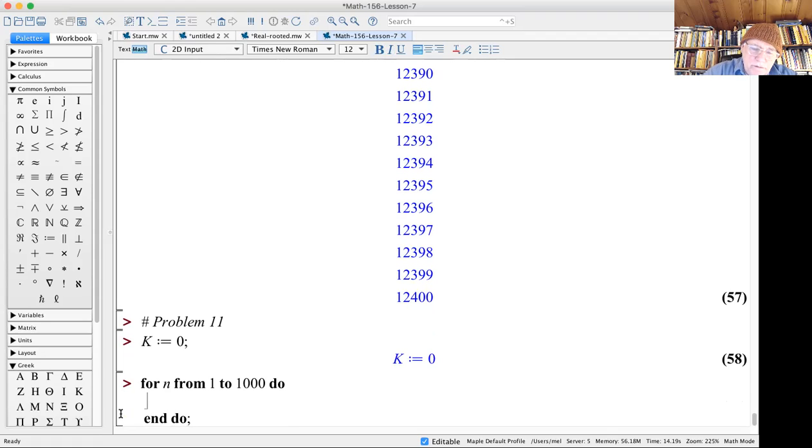and what do I want to do? If a certain number is prime, n squared plus 7 is prime, then I want to add 1 to k. So I replace k with k plus 1.